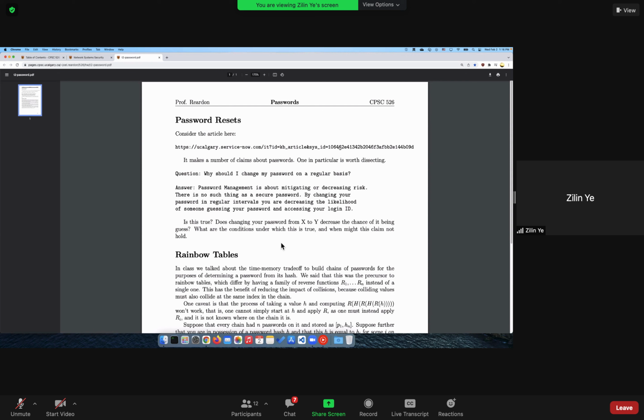I don't think anyone would use this, 106462E413422B204. They wouldn't use this as their password because it's not reasonable to remember such a random string, right? So that will also limit the available password domain, or the available password space you can think of.